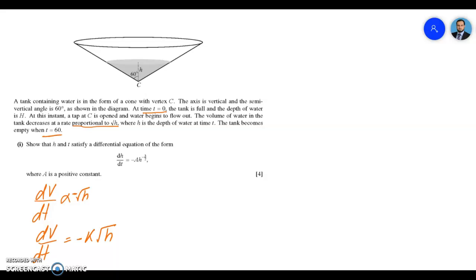Okay, so we can consider the volume of a cone, which is 1/3 pi r squared h. So here, we have h and we have this angle 60 degrees, but we don't know the radius, so we can find the radius since we know this is a right angle triangle.